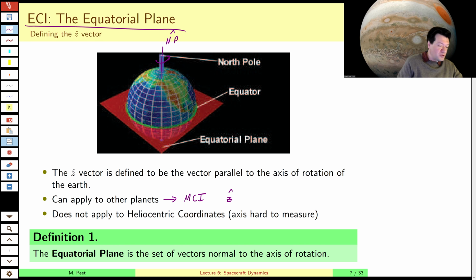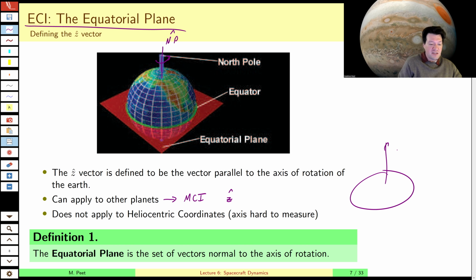The exception, of course, being the sun, because the sun is a huge gas ball, and it doesn't really have a very good rotation axis. Well, I mean, you could argue that Galileo observed the rotation of the sun, so it does rotate.